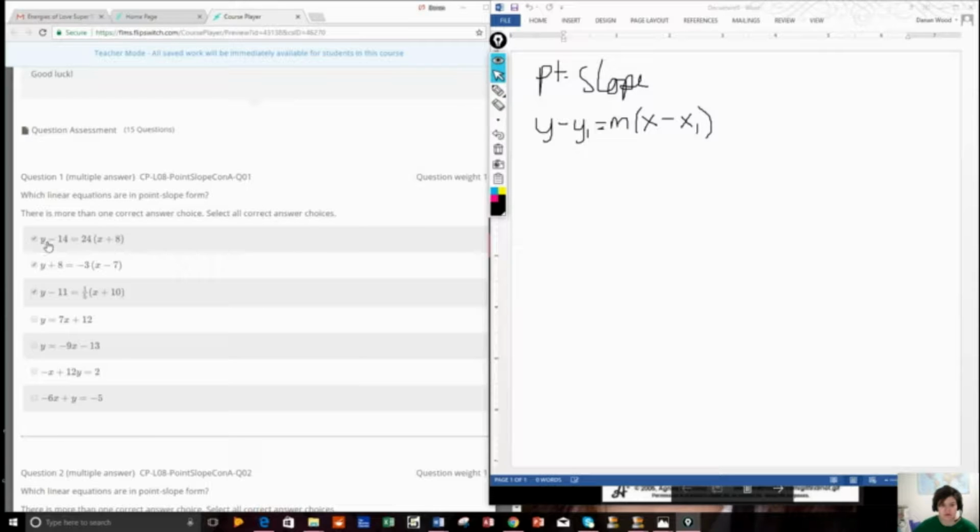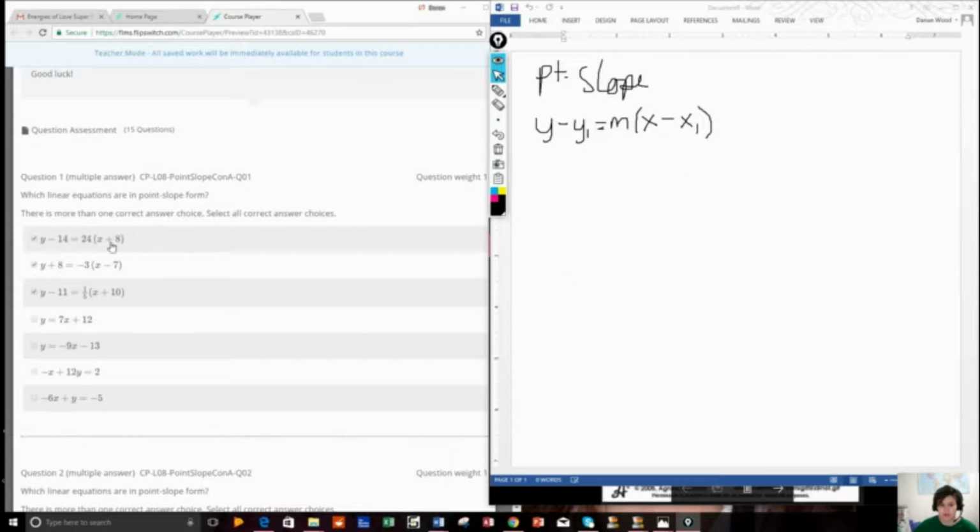So we have y minus 14 equals 24 times x plus 8. Well, we have y minus the y sub 1 is equal to 24, which is my m, times x plus 8. Okay, so this plus is not exactly the same as in our form.